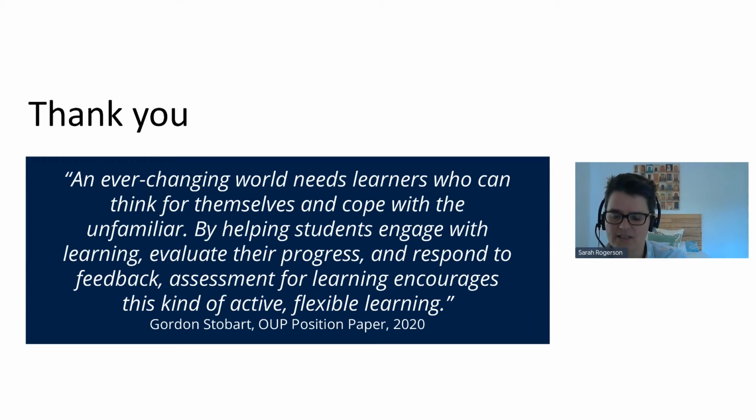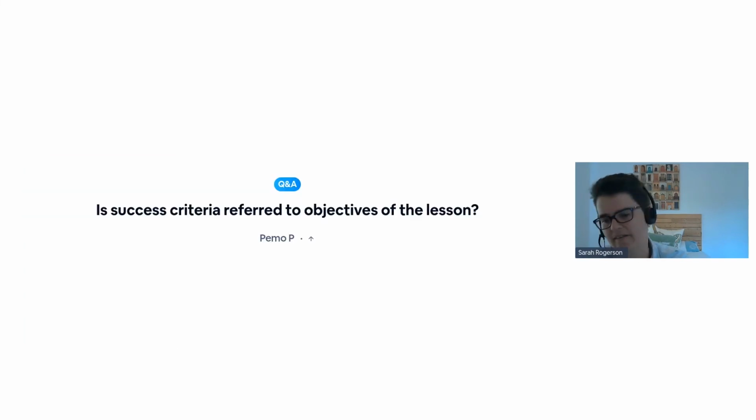I've got a question from Pemo: is success criteria referred to objectives of the lesson? Yes. So we need to make sure, and there's a quote in here that I think is on green paper, and it's in one of the OUP's thought leadership papers, that we are using a single framework to describe what we're intending and what we're assessing.